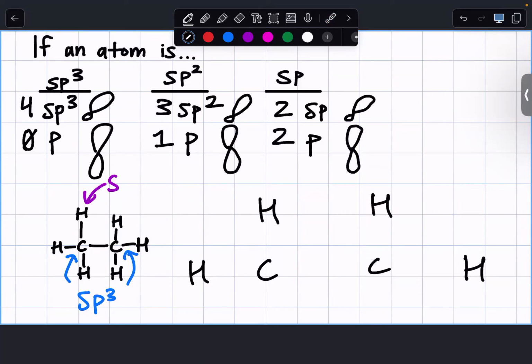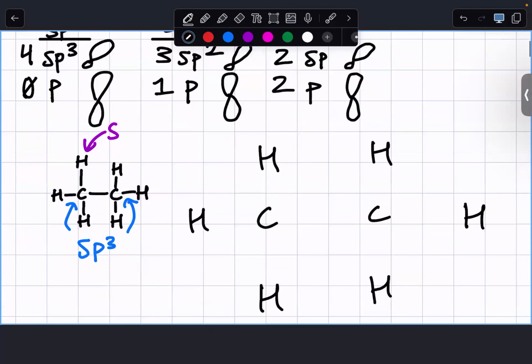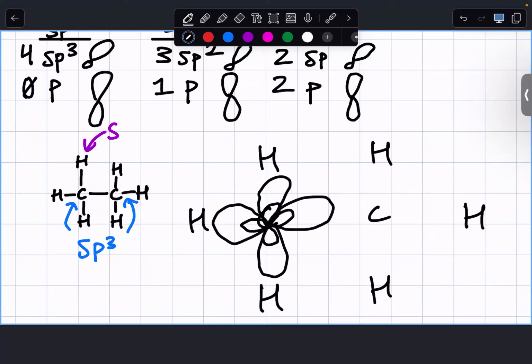Okay, so now we see that this carbon is sp3 and there's 4 of them, so let's draw those 4 right now. That's 1. This is another one. That's the 3rd one, and this is the 4th one. The s orbitals are spheres, so the hydrogens have s orbitals, so they are all spheres like that.